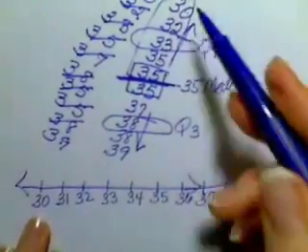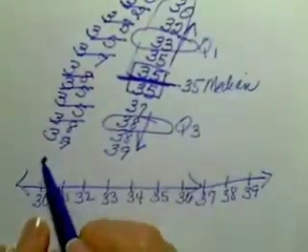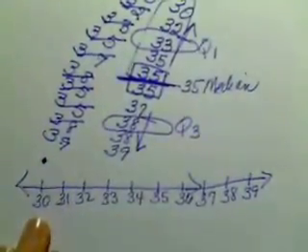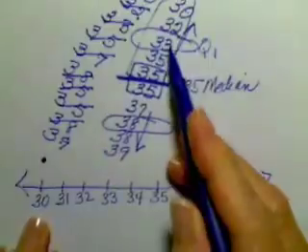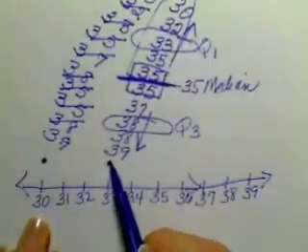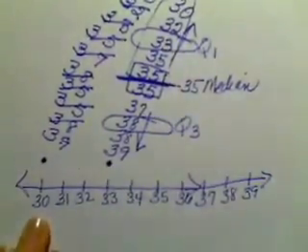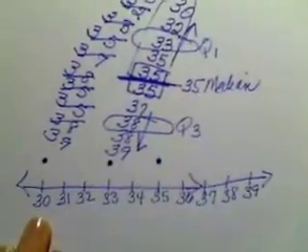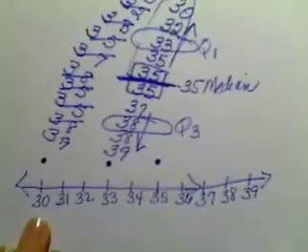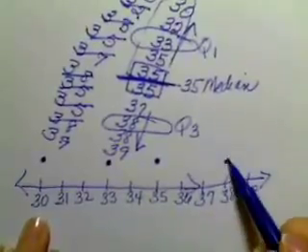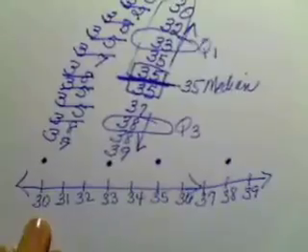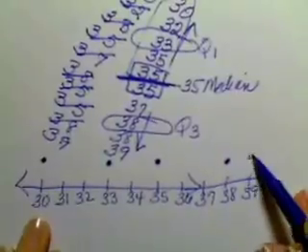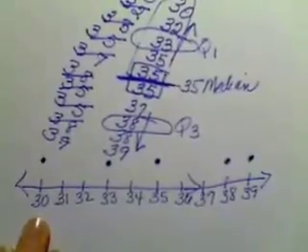The minimum was 30, so I'm going to make a dot. Quartile 1 is at 33, so I'll make a dot. The median is at 35, so I make a dot. Quartile 3 is at 38, and I make a dot. And then 39 is the max, and I make a dot.